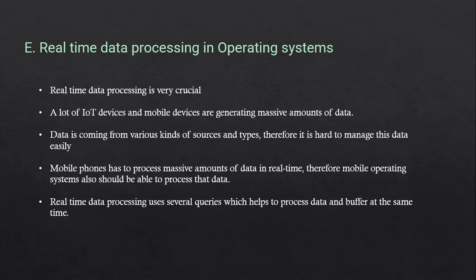For example, mobile phones and IoT devices make data real time. Here we have to consider the mobile phone operating system. The mobile phone operating system should be optimized to handle real-time data. Here we have discussed that.